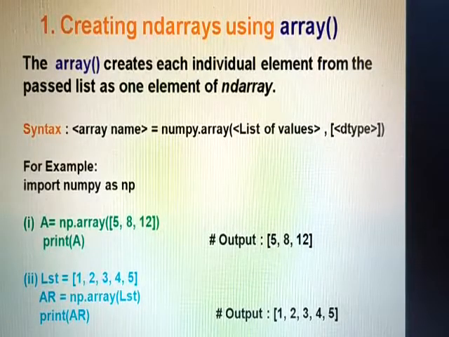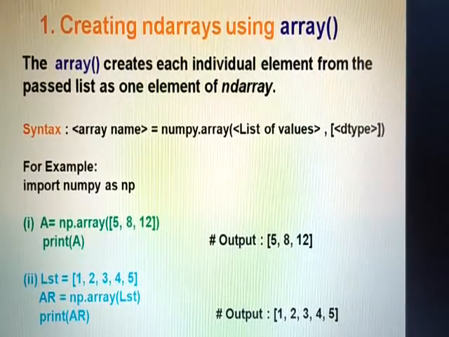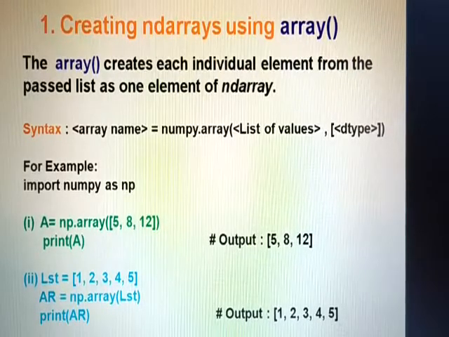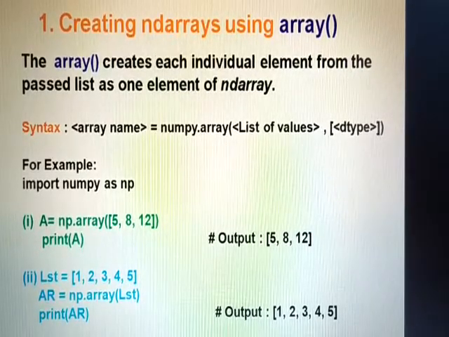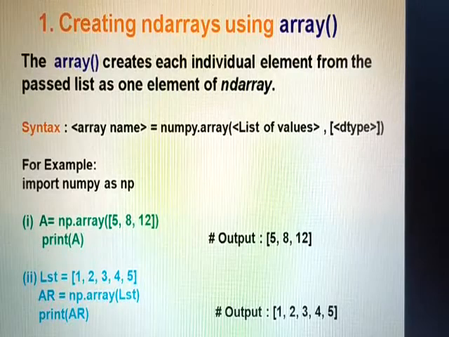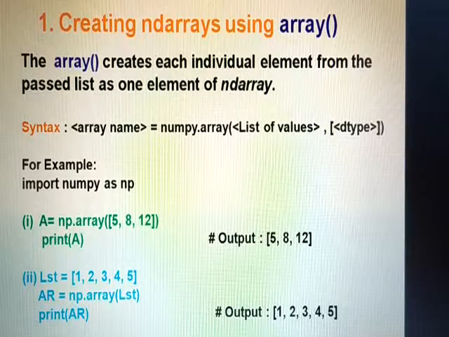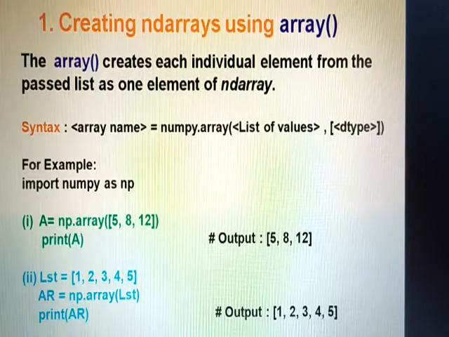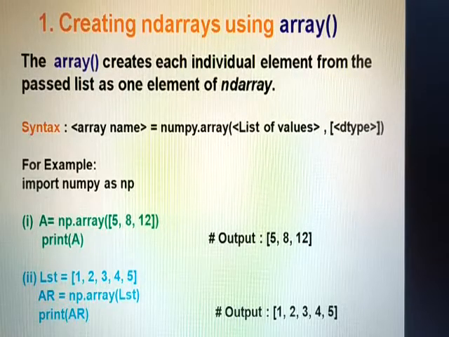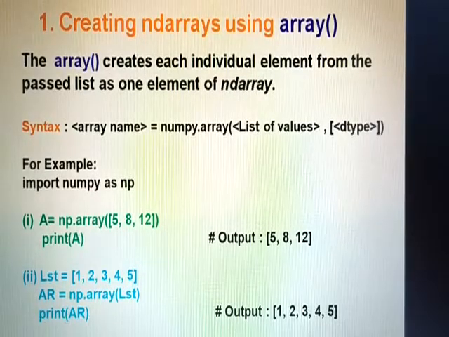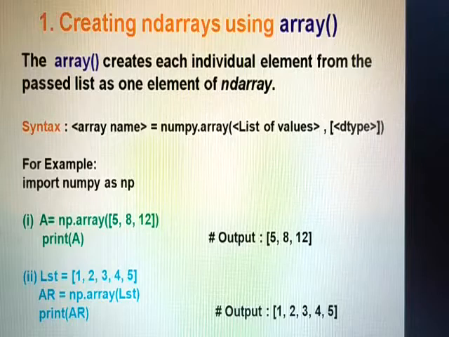In the next example, that is example 2, first of all, we create the list, that is the variable lst equals 1, 2, 3, 4, 5. That means the list lst is created having 5 elements from 1 to 5.